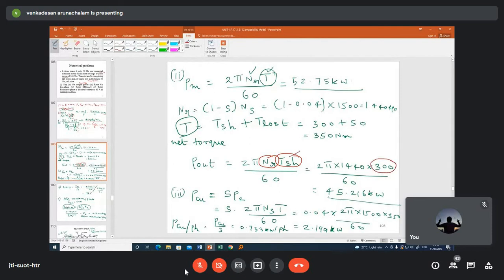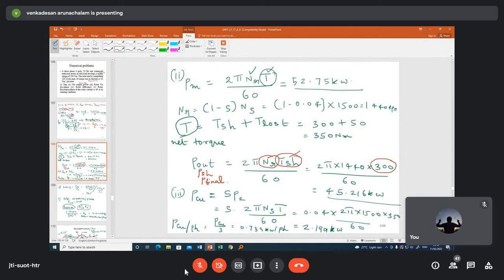That is the final output torque or torque available in the shaft, or it is the useful torque. And similarly, P output is nothing but that is the final output or net output, P output or P shaft. In any way you can write this. This is P shaft or P final. Anyway you can write this. So it is 2 pi Nr T shaft by 60.